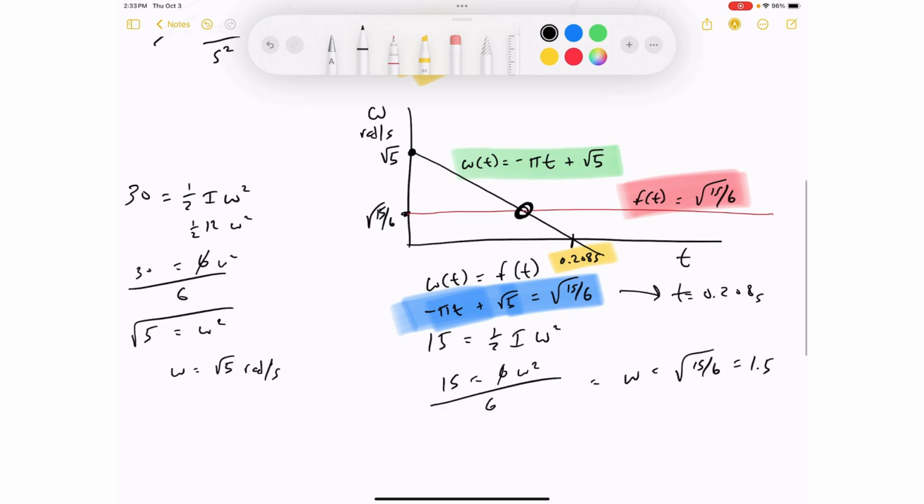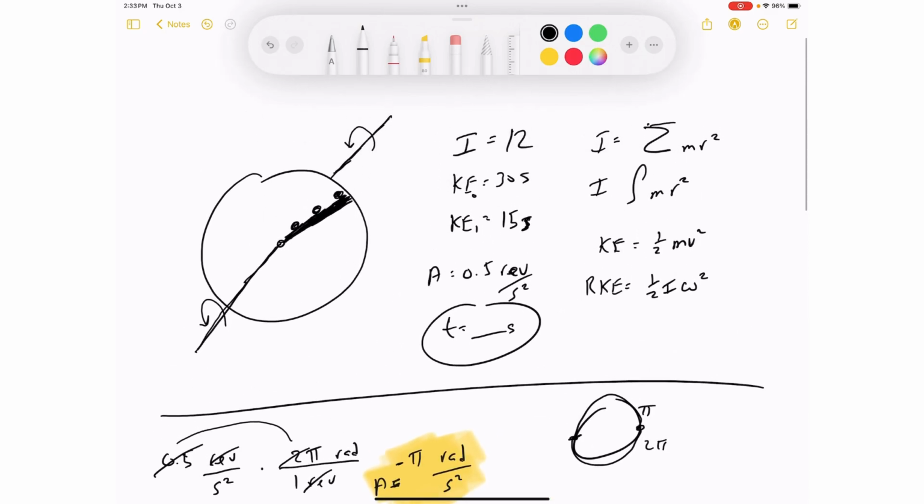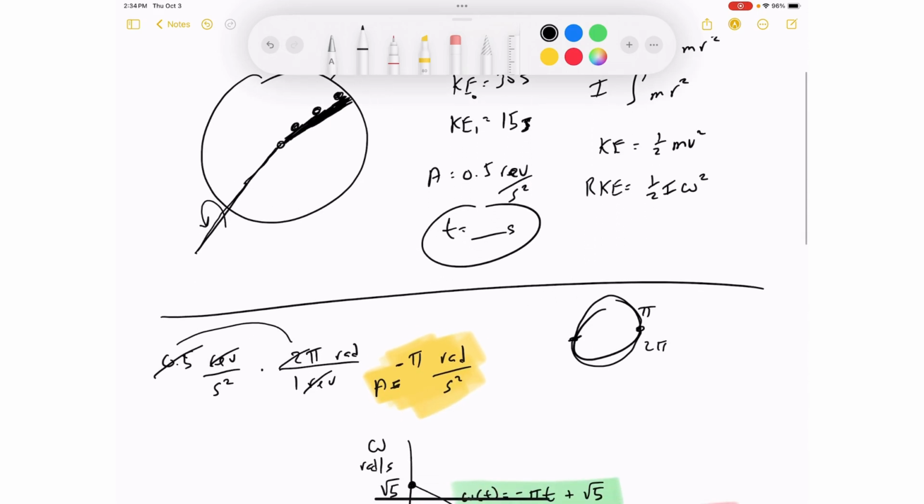So this problem here, like I said, we looked at this rotating thing. I talked about I, which is mass spread out over the radius. We talked about linear kinetic energy versus rotational kinetic energy. We converted revolutions per second into radians per second.